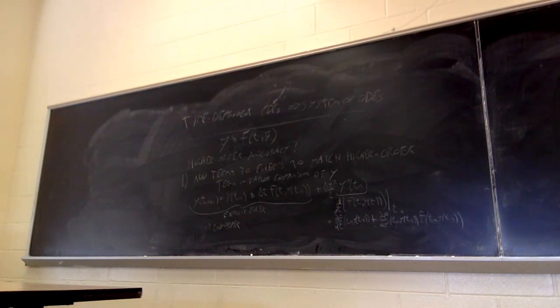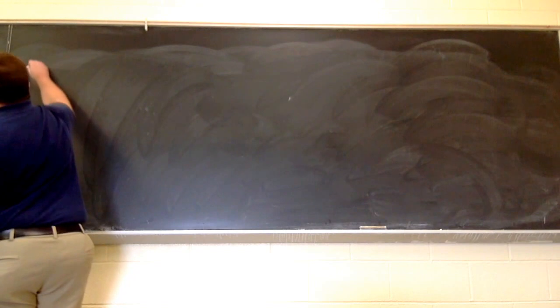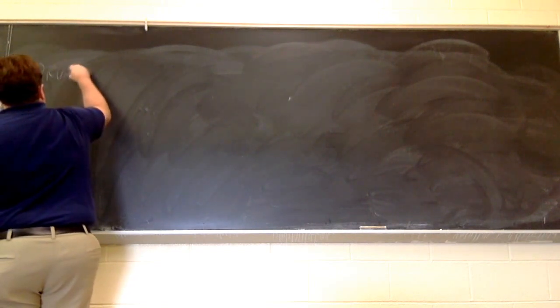But the idea behind this can still be used to get higher order accuracy in a more practical way. And that leads us to a very well-known family of methods, Runge-Kutta methods.